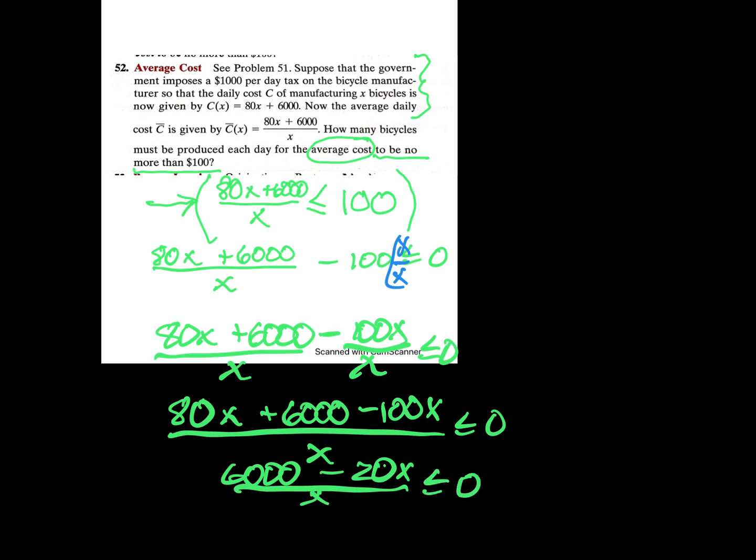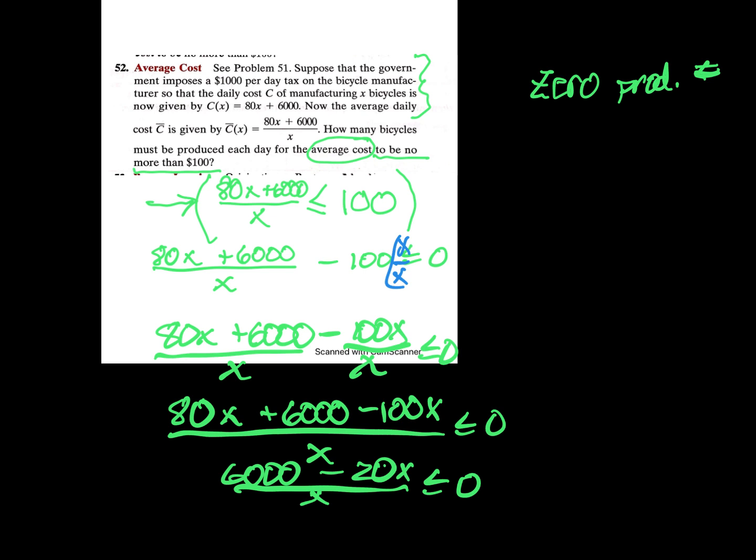And now we can use the zero product property. And if you remember, again, from quadratics, the zero product property says if two things are multiplied or divided together and they are equal to 0, then one or the other is equal to 0.